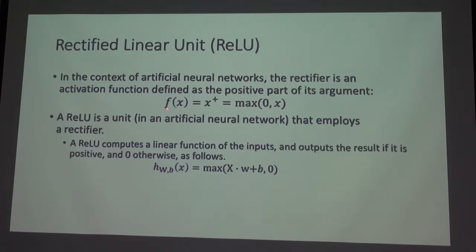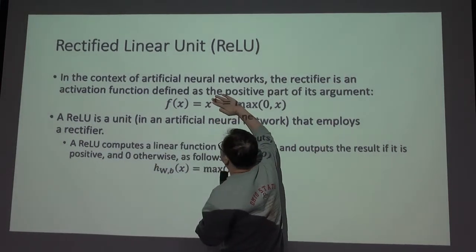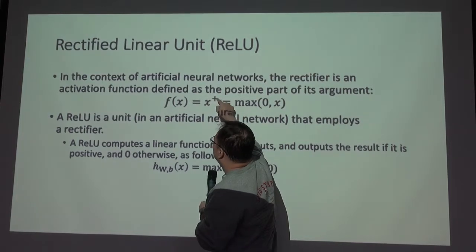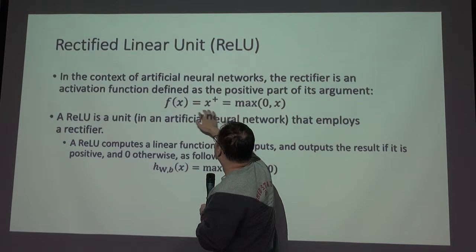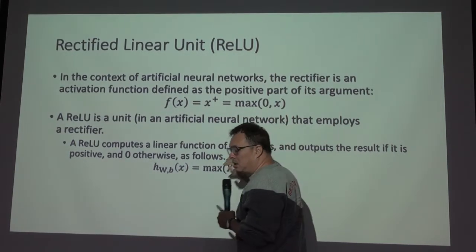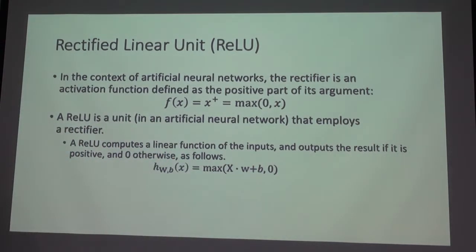If f(x) equals x, it's going to be a very simple linear function, right? But we use x+, and this x+ actually means that we use max(0, x). What does that mean? It means when the x value is smaller than 0, f(x) will be 0.